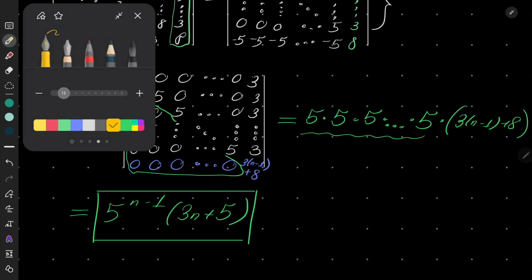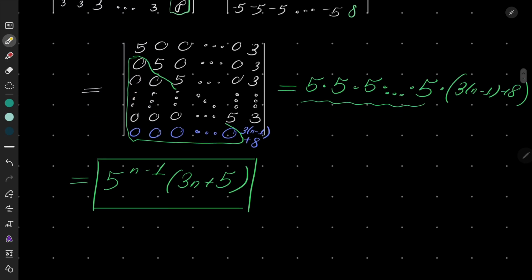To be sure, let's do a verification for small cases. For the 1 by 1 matrix, the determinant of 8 is 8. Does it agree with our formula? It does, because plugging in n equals 1, I have 1 times (3 plus 5), which is 8.